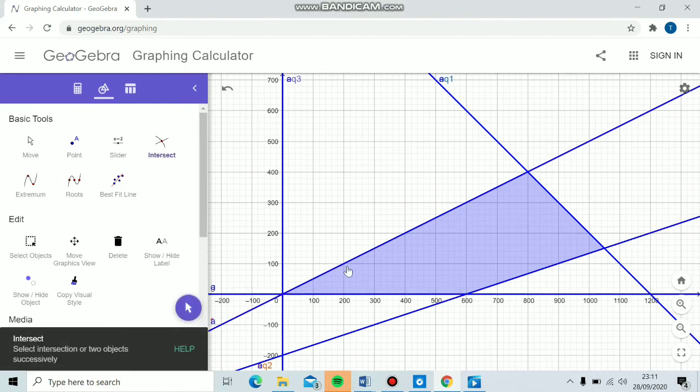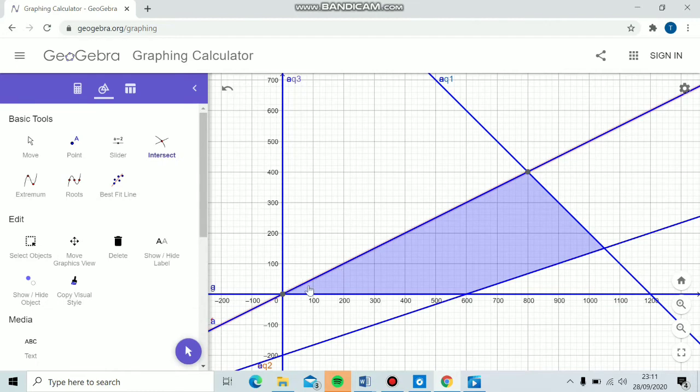Suppose I name this line and this line, the intersect is A, and then this line and this line is B. The intersect of this line and this line is C. The intersect of this line and this line is D. So the feasible region is A, B, C, D.